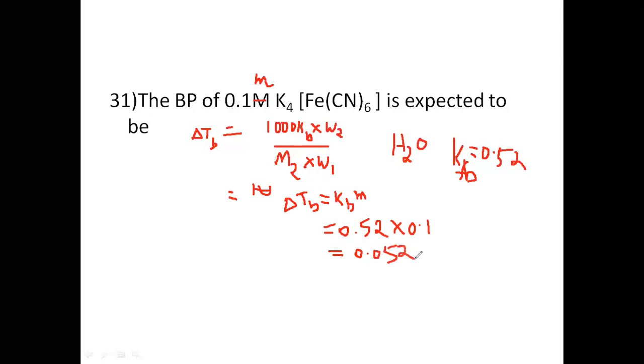This gives the delta TB value. Then I'm not saying that this is the correct one. Delta TB is equal to T minus T naught.